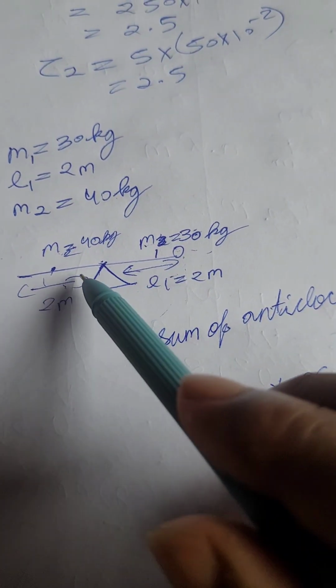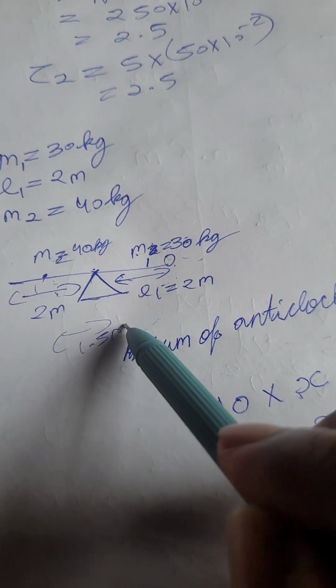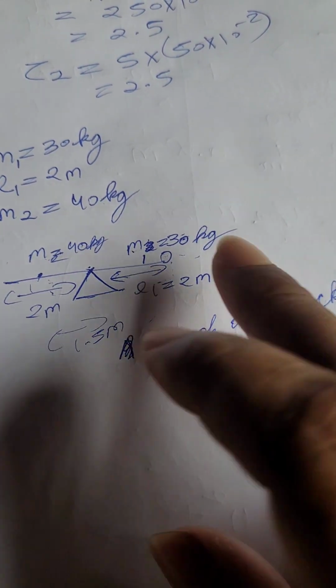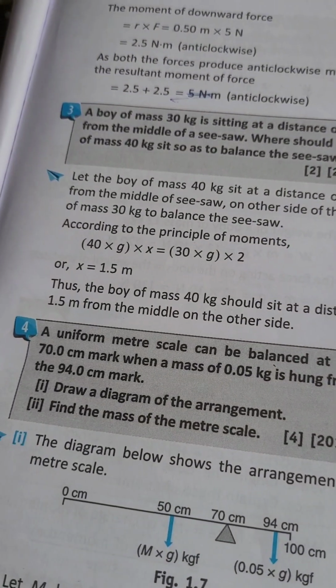Means the 40 kg mass will be kept at 1.5 meter distance for balancing it out. See, 1.5 meter.